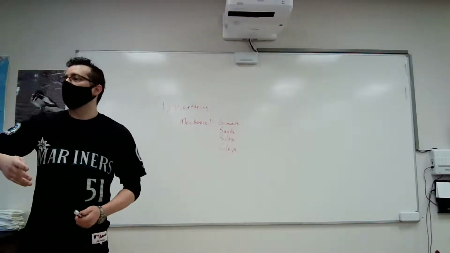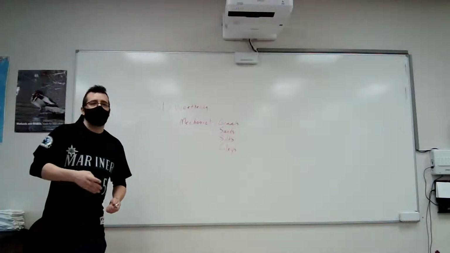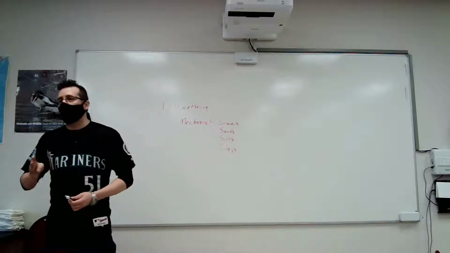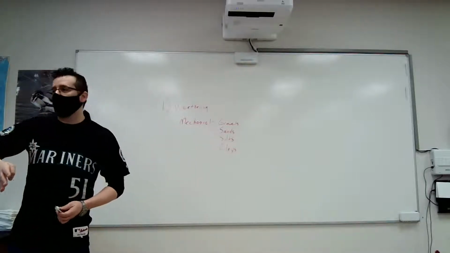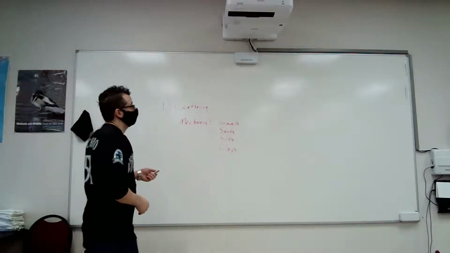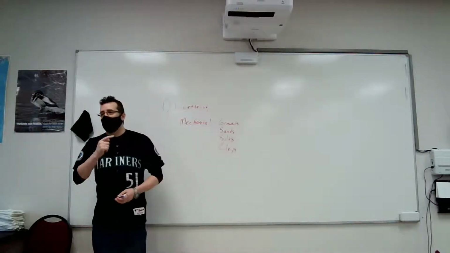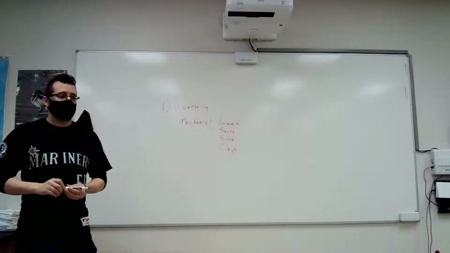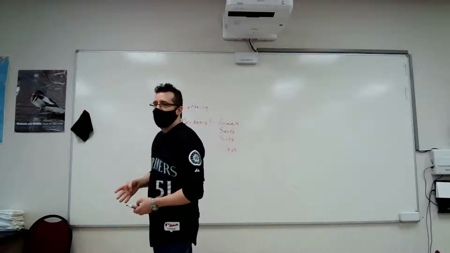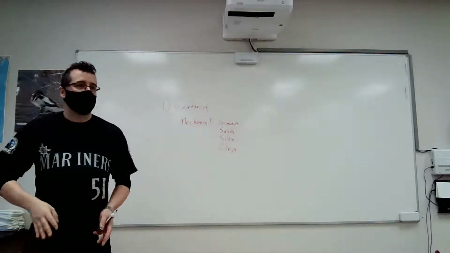I'm probably going to repeat this back to you 100 times before the test. If you just know the order, gravels, sands, silts, and clays, you will be able to ace that part of the test. Like I said, I'm going to put the particle sizes up here, but if you can just remember the order, you've got it. That's all you have to do.